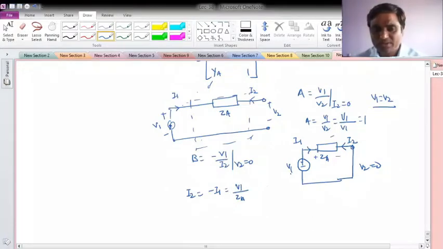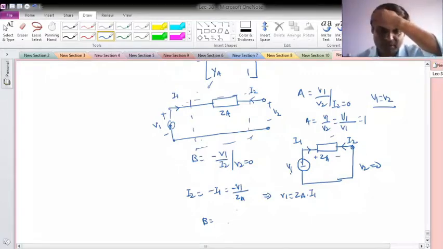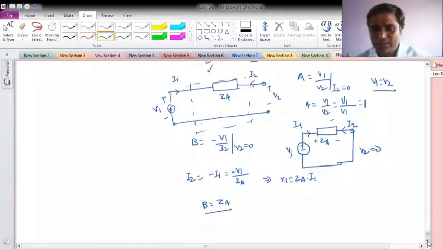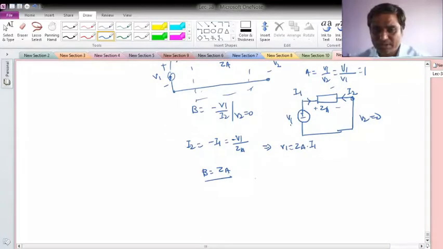So I2 is minus V1 by ZA, and V1 will be ZA into I1. So what will be the B value? B is minus V1 over I2, so B will be ZA.